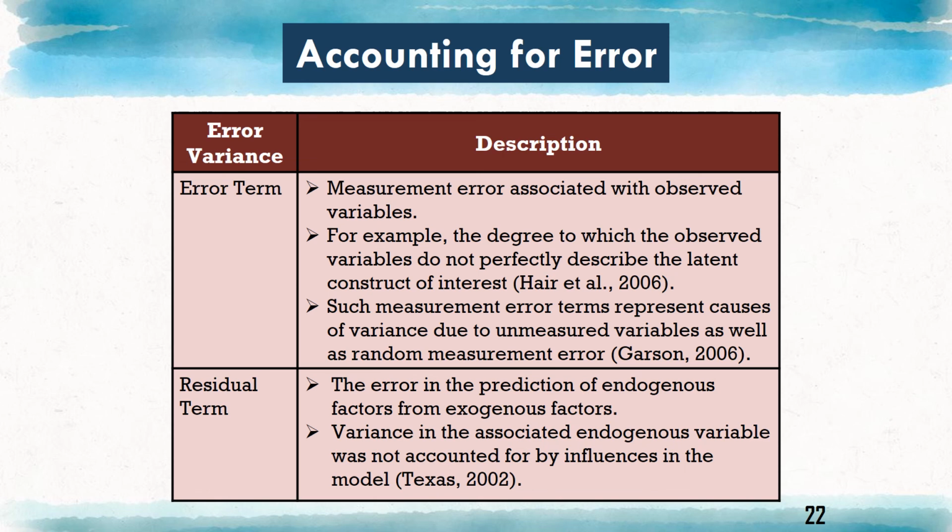Such measurement error terms represent causes of variance due to unmeasured variables as well as random measurement error. Second, residual term. Residual term represents the error in the prediction of the endogenous factor from the exogenous factor, that is to say, how much variance in the associated endogenous variable was not accounted for by influences in the model.